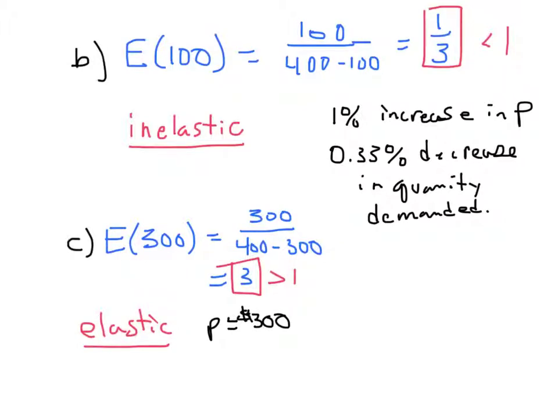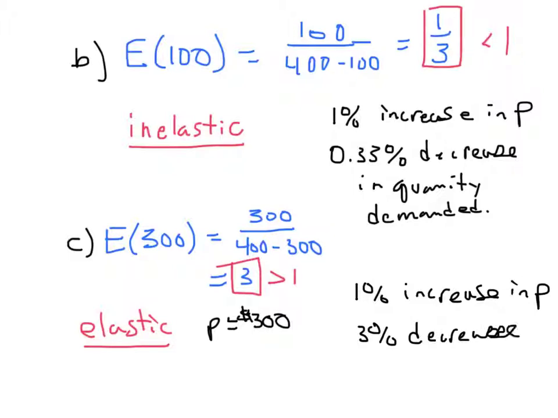Here, if we increase the price by 1%, we'll see a drop in the quantity demanded of about 3%. A 1% increase in price will result in about a 3% decrease in quantity demanded.